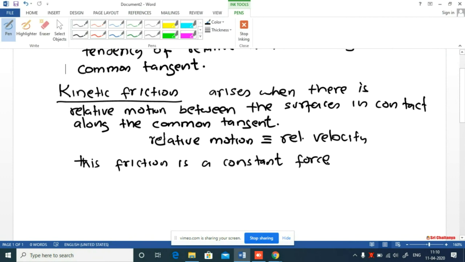Right, so the value of this friction, Fk stands for kinetic friction, is mu k into N, where mu k is called the coefficient of kinetic friction. All of you are aware, right?